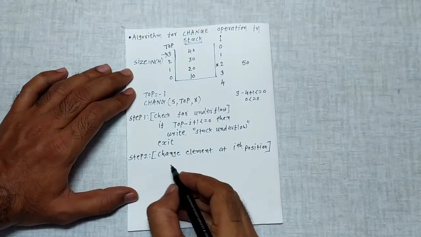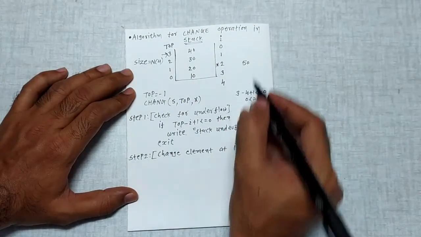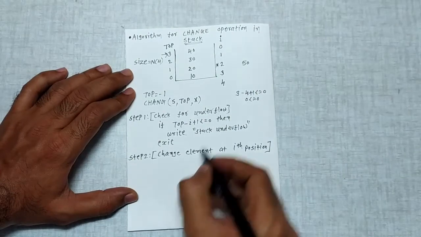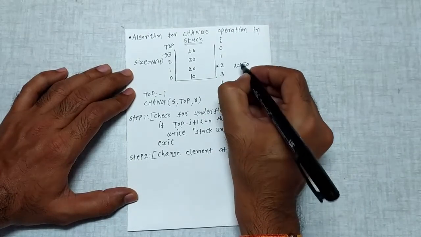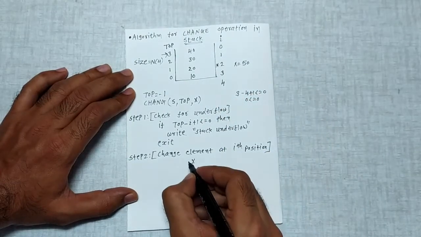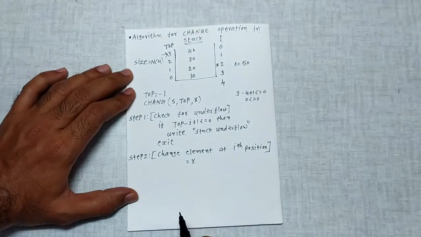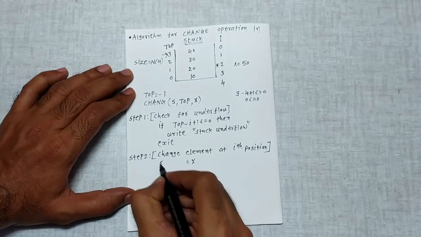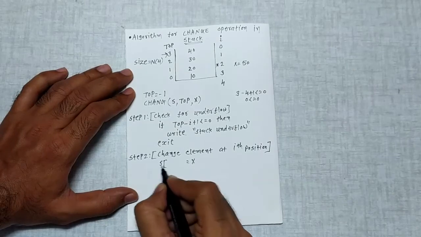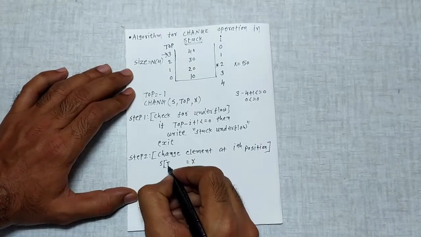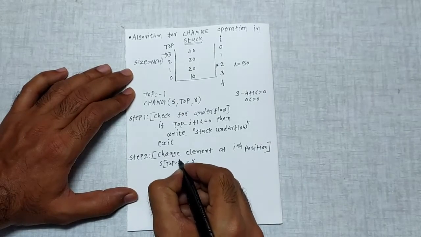So for that I will enter the new element 50. So 50 will be stored into x, so x is equal to 50. And where I will insert, this we also discussed in the previous video, that is top minus i.